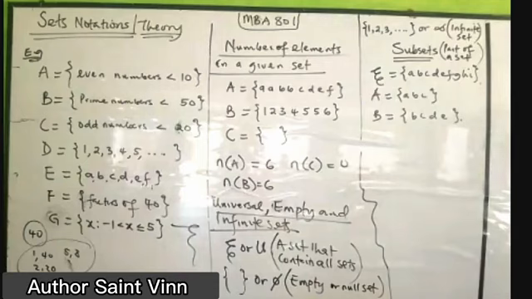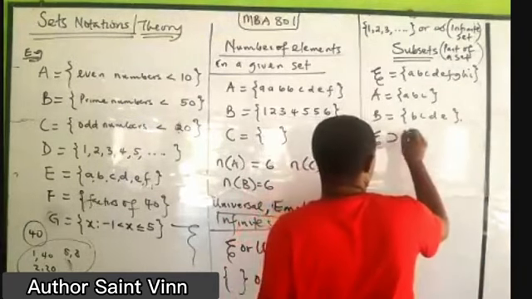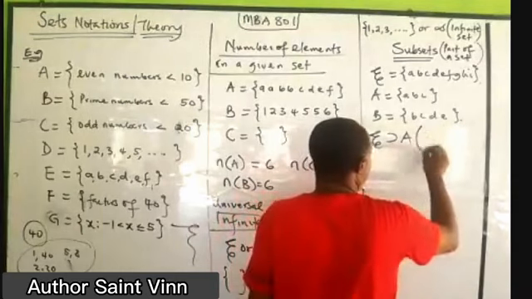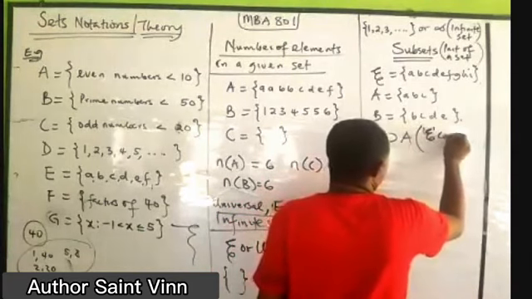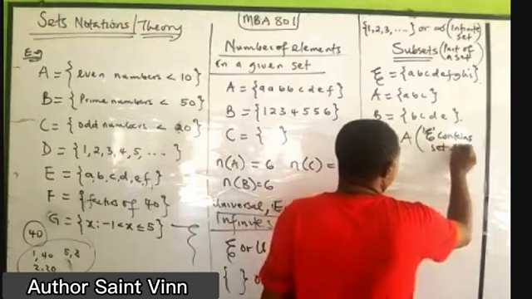Why does the universal set contain A and contain B? In simple language, the universal set contains them. This is the symbol for contain. It's just for you to understand that symbol.